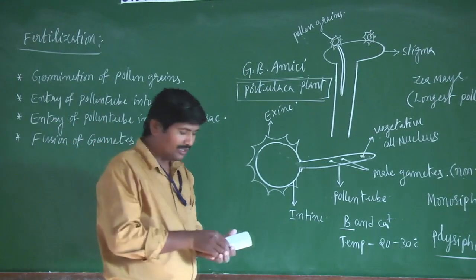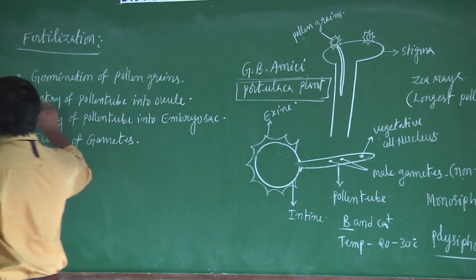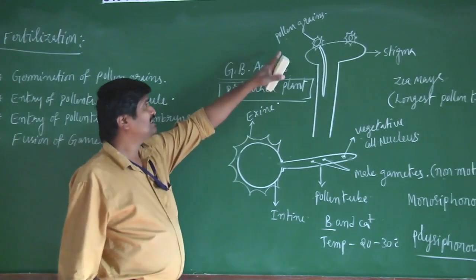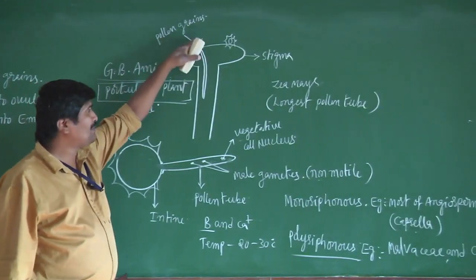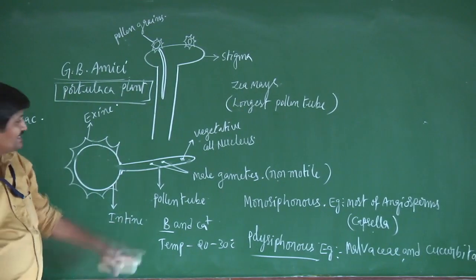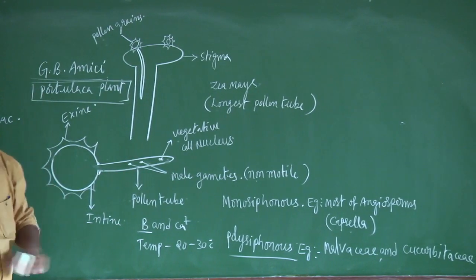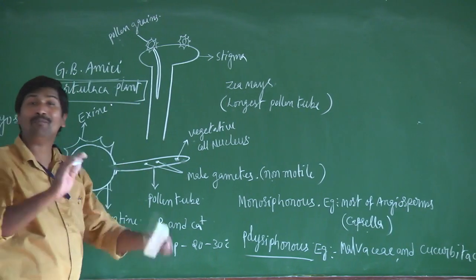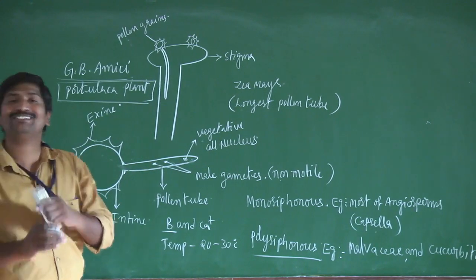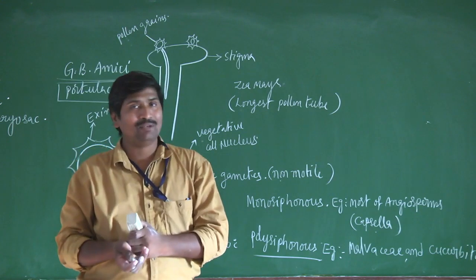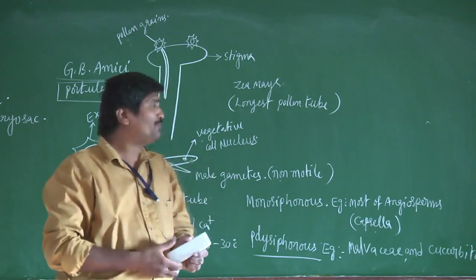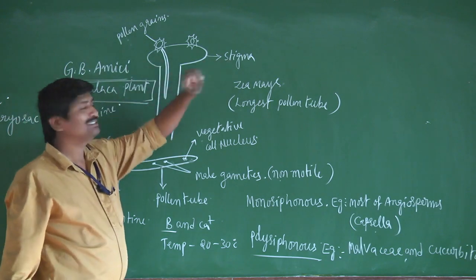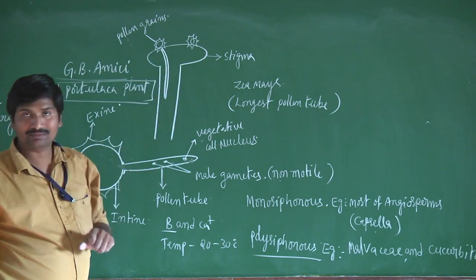pollen grains. Second step, the entry of the pollen tube into the ovary. The pollen grains germinate on the stigma. One more important point is that this pollen tube releases some enzymes, the best example being pectinase enzyme. This enzyme disintegrates the tissue of the stigma and the style.